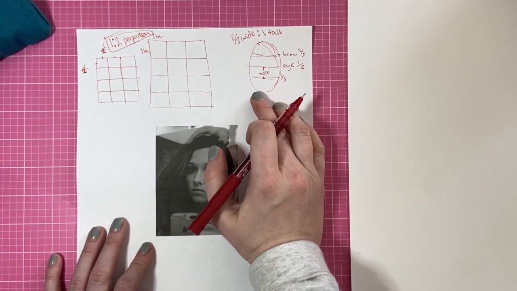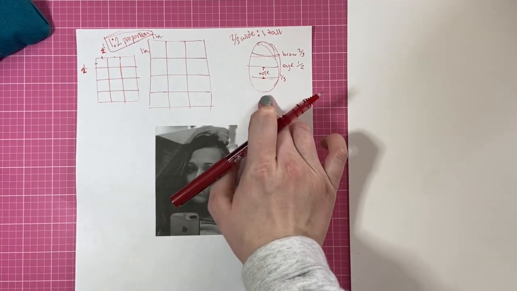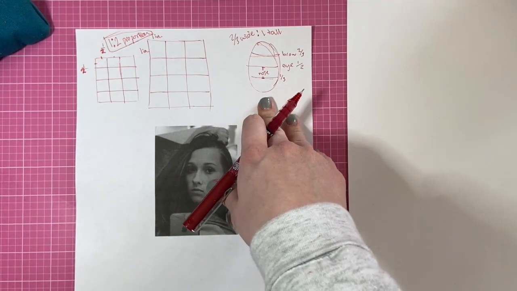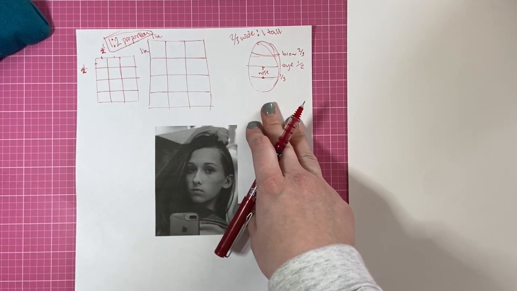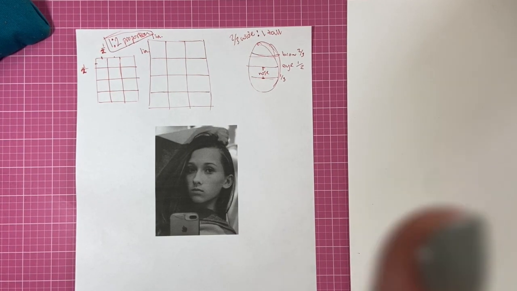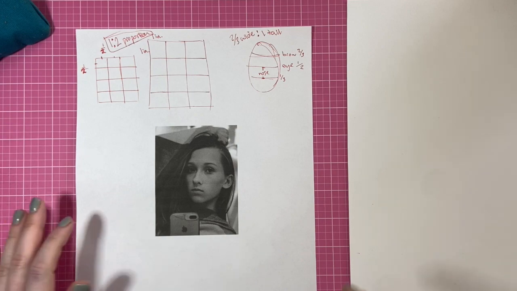Now, these are average proportions of a human head. Each of us is a little bit different. We're each unique. We're each built and shaped and sized a little differently. So your portrait may not be exactly these proportions, but it should be very, very close.